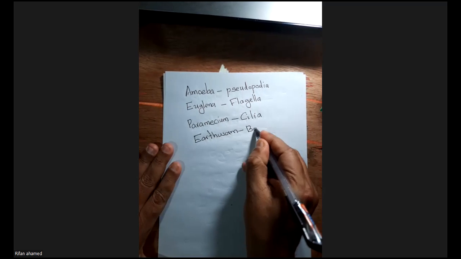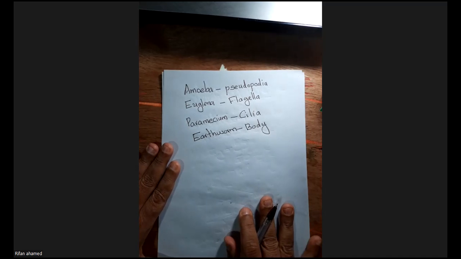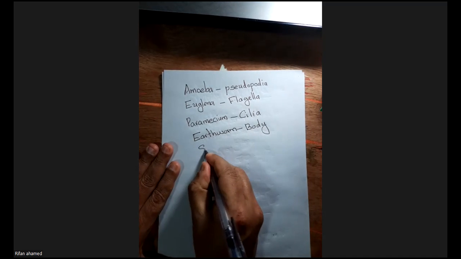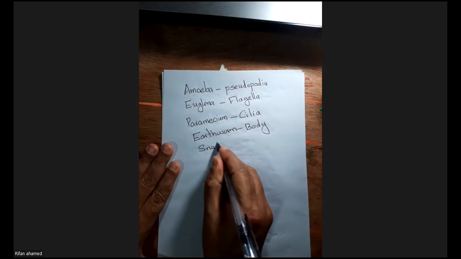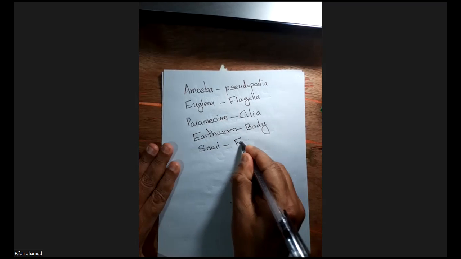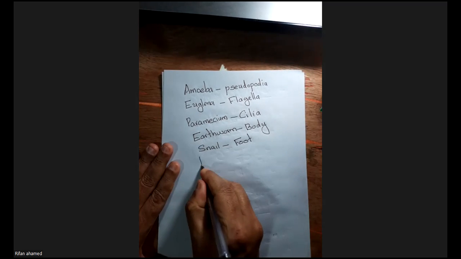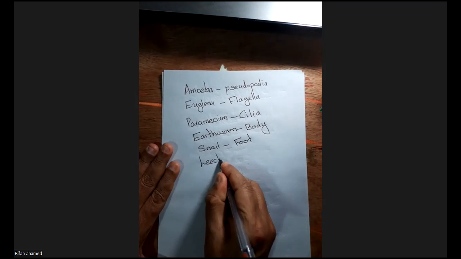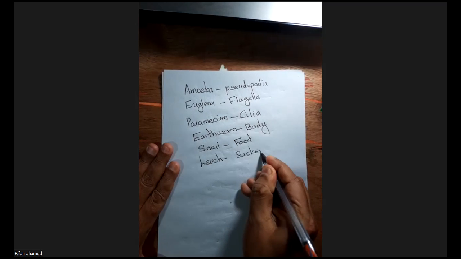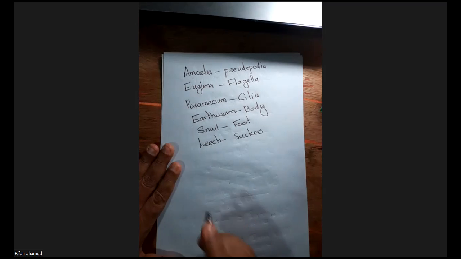Earthworm uses its body to move from one place to another place. Next given organism is snail. Snail uses its foot to move. Next given organism is leech. Leech uses its suckers to move from one place to another.